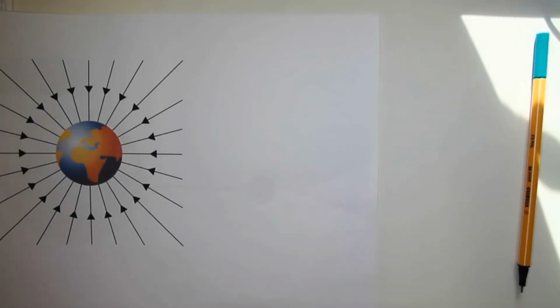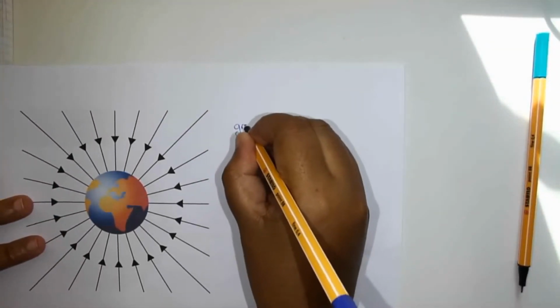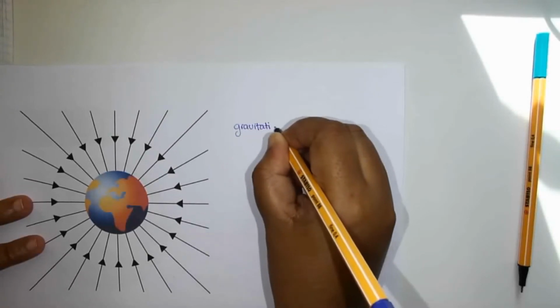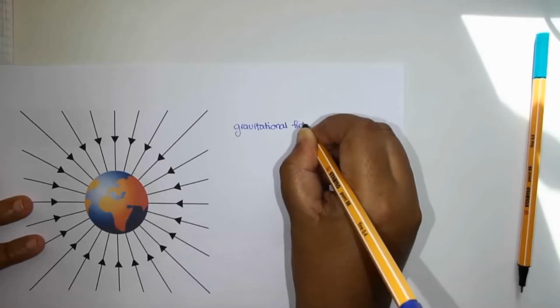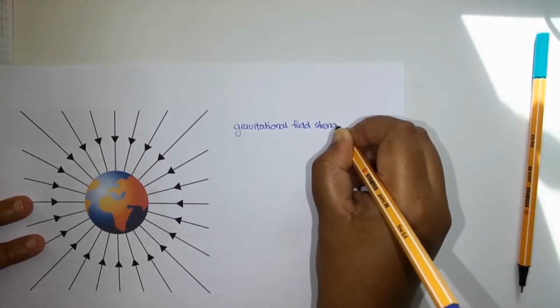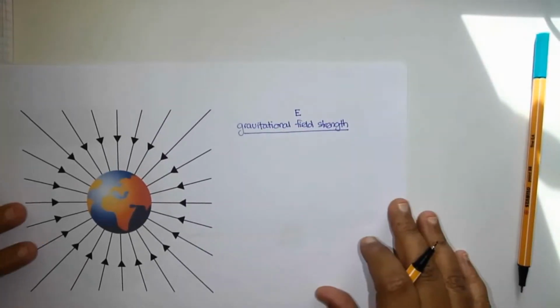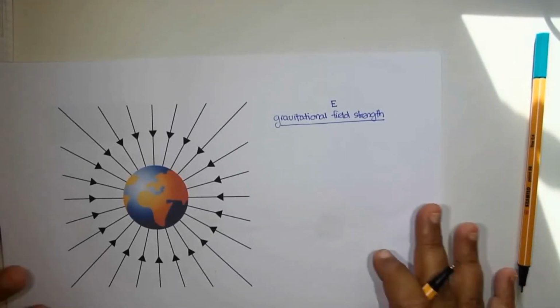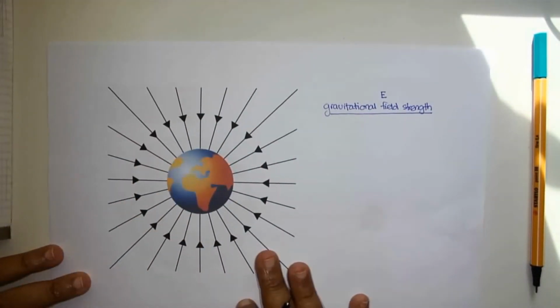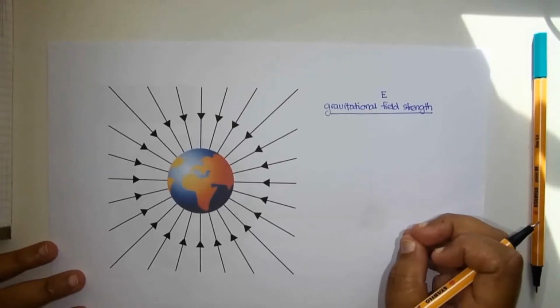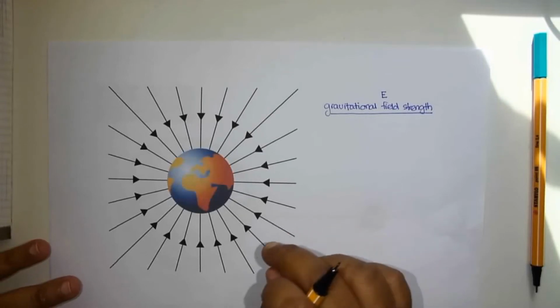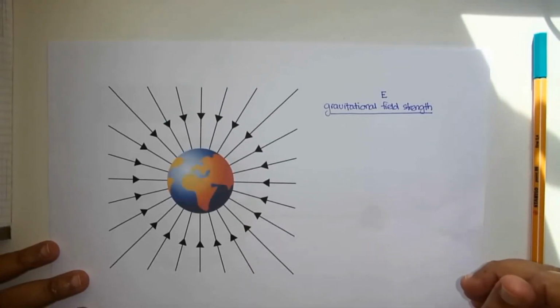The symbol is capital E. It is a measurement of how strong the gravitational field is at a particular point. The direction of the gravitational field will follow the direction of the gravitational force, which is towards the center.